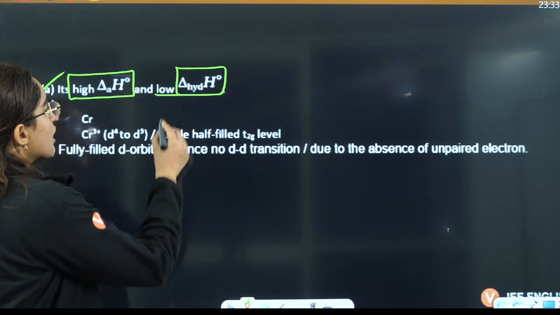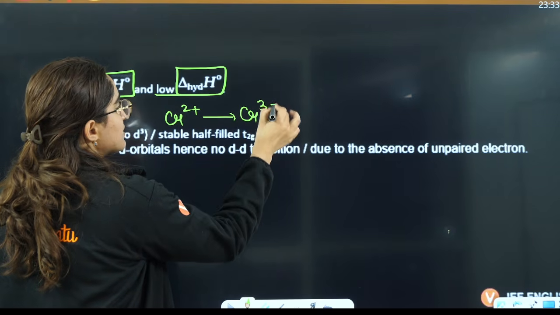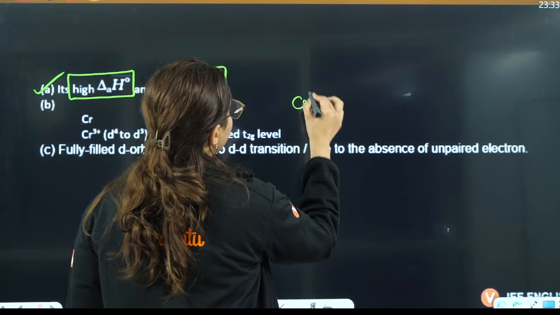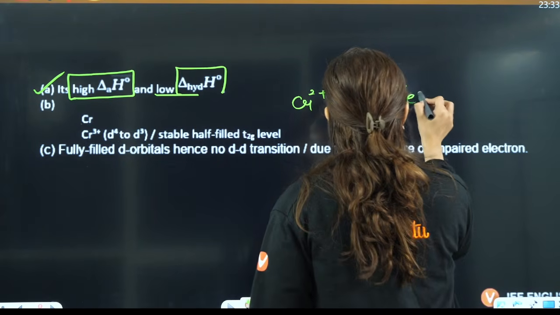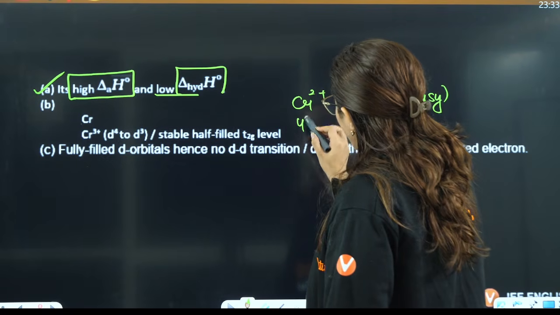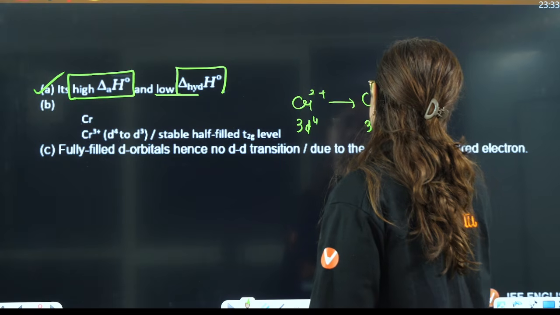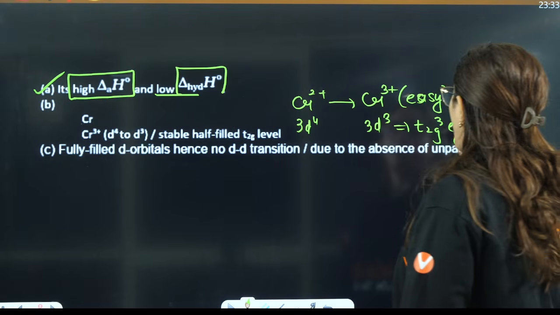See, chromium 2+ to 3+ is very easy. Why? Because this is 3d4 and this is 3d3, which is stable due to t2g3 eg0 configuration.